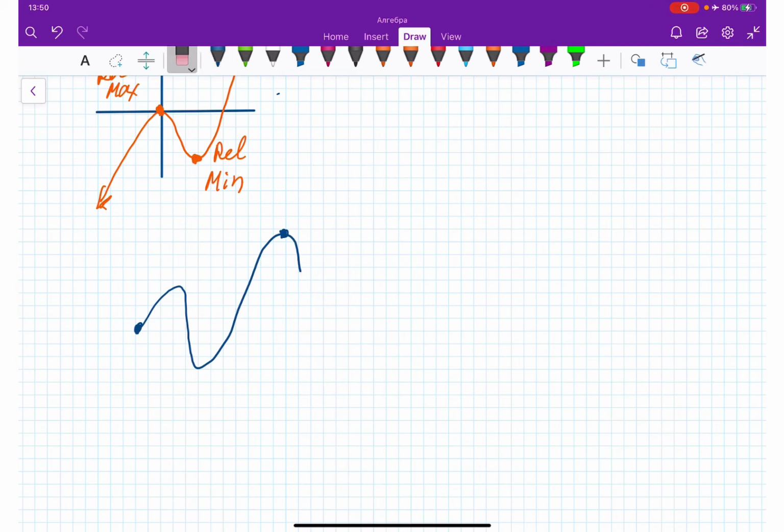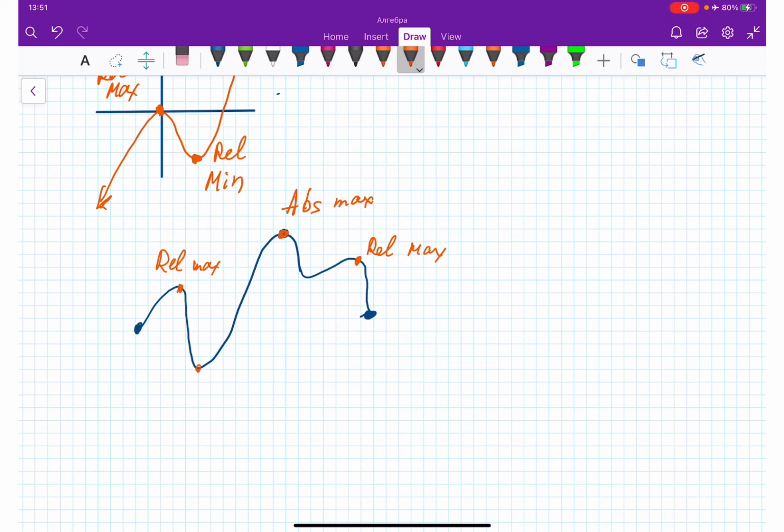So we want, like this. So this point is gonna be absolute maximum, although there will be other maximums also, but this is the highest one. This is gonna be relative maximum, right? This is gonna be relative maximum.